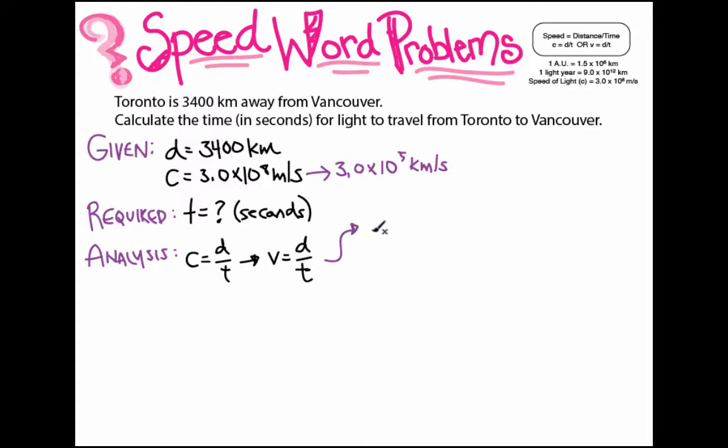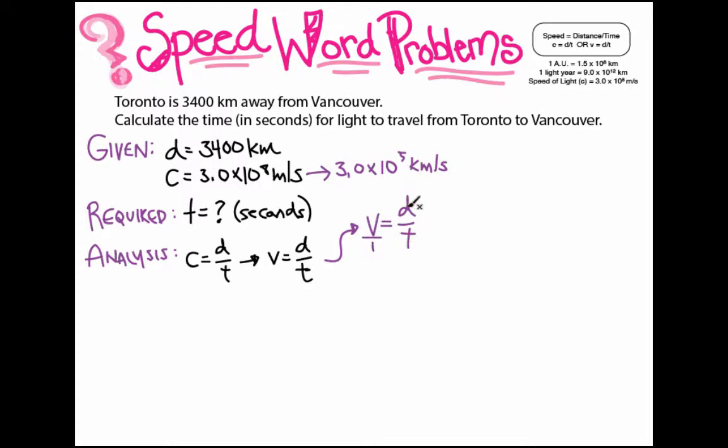So if you have V equals D over T, and you want to get, for example, D by itself, then you know that V is really V over 1.